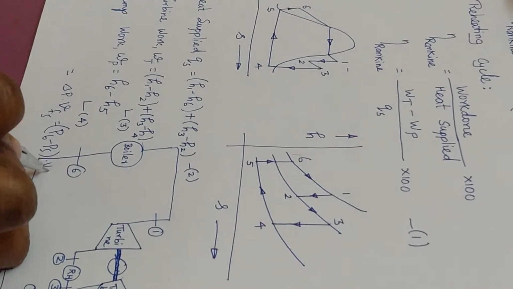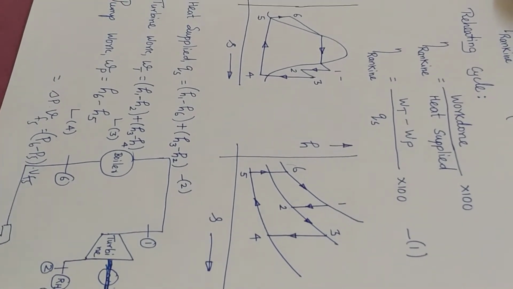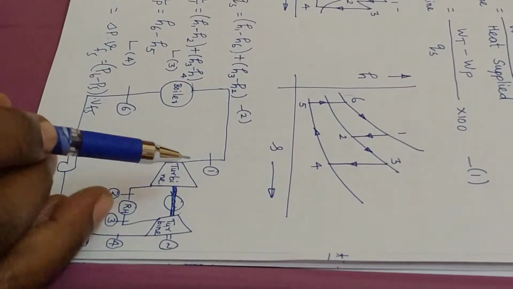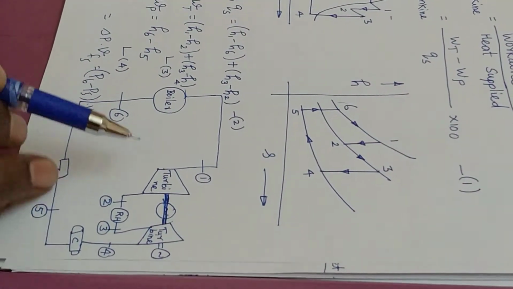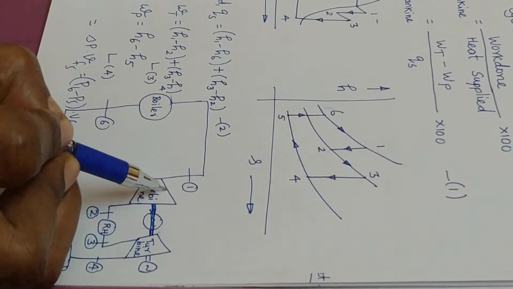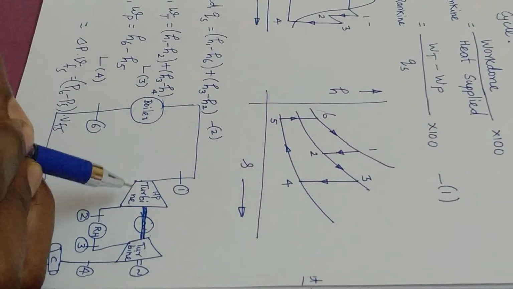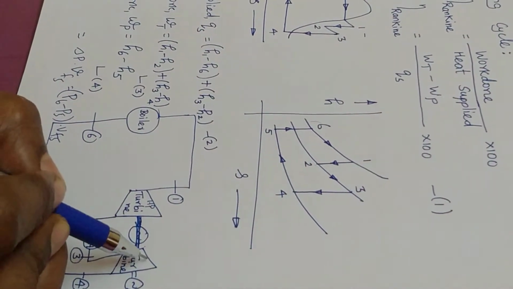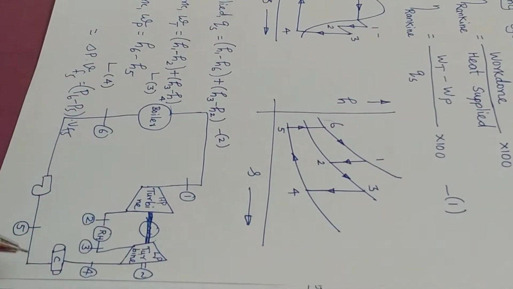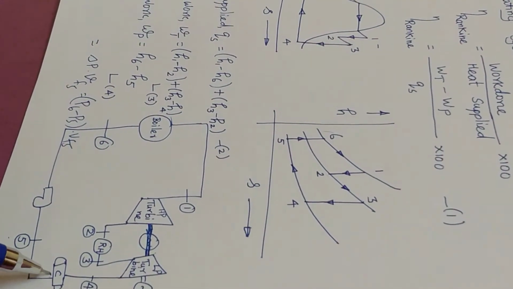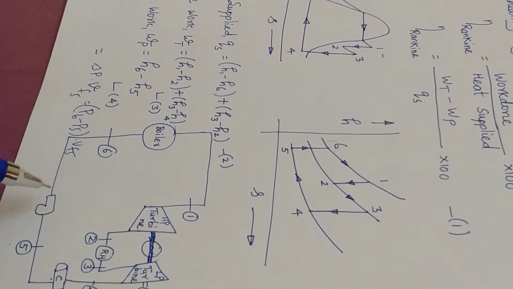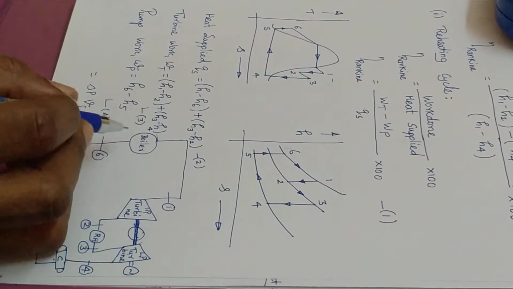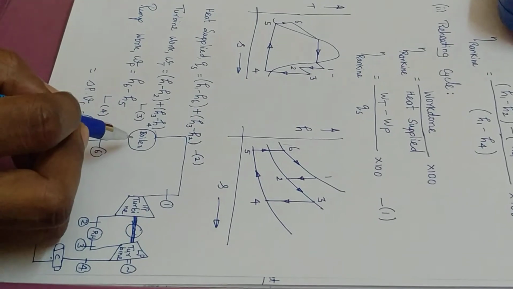So here the block diagram shows how the reheating cycle works. 1 to 2 is isentropic expansion in the high pressure turbine, and between 2 to 3 reheating, 3 to 4 expansion in the low pressure turbine, between 4 to 5 condensation at constant pressure, between 5 to 6 isentropic compression in the pump, between 6 to 1 constant pressure heat addition in the boiler.